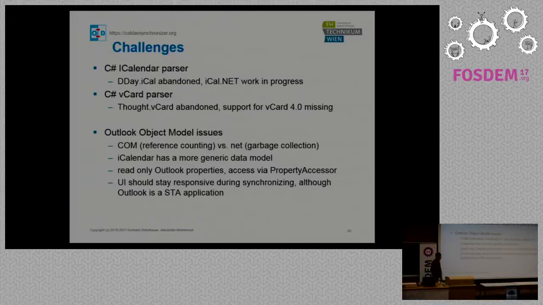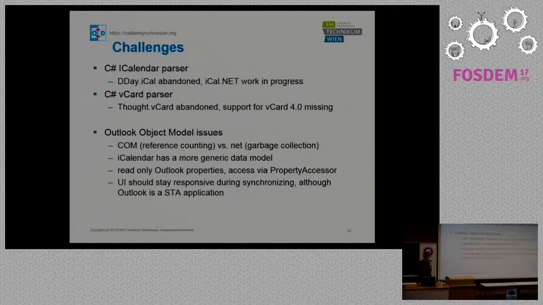So maybe someone can resurrect them. There are also some Outlook object model issues, differences between the COM objects Outlook uses and the .NET garbage collection, so we need to implement some wrappers. iCalendar generally has a more generic data model, so some properties can't be mapped properly.